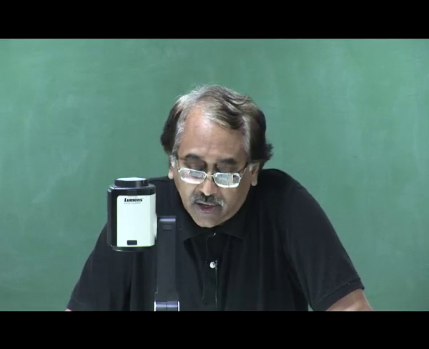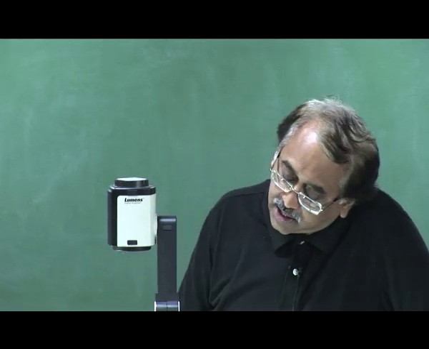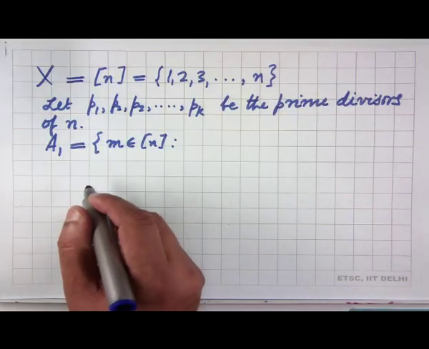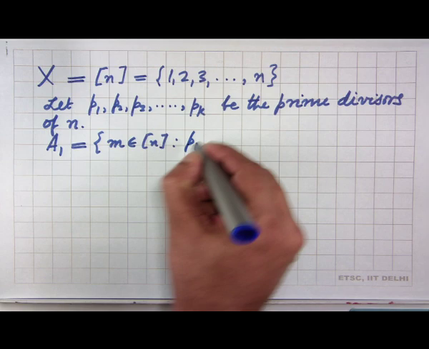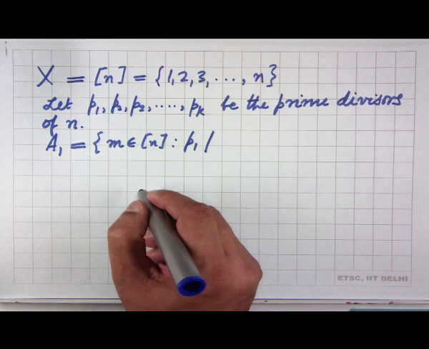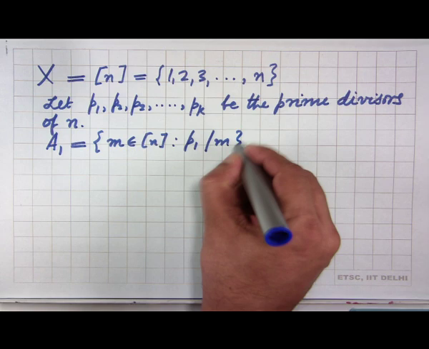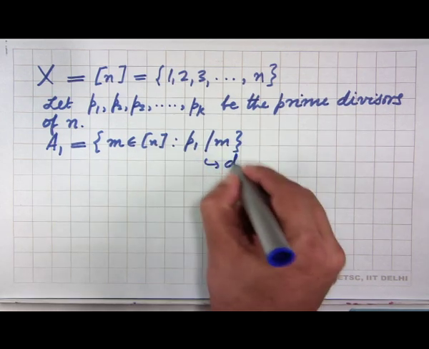So in some sense, the Ai's have to be numbers that have something in common with n. So the first thing I do is I look at all these numbers m between 1 and n, so that p1 divides m, and that vertical line there is the mathematical symbol that says divides.